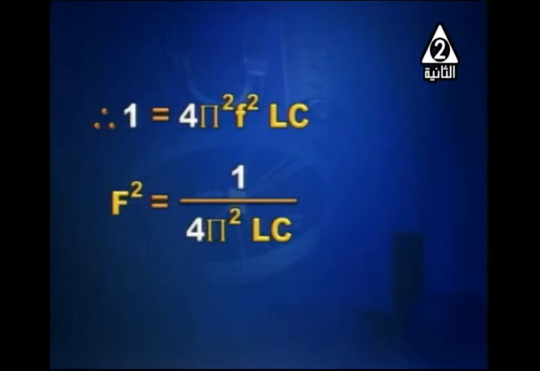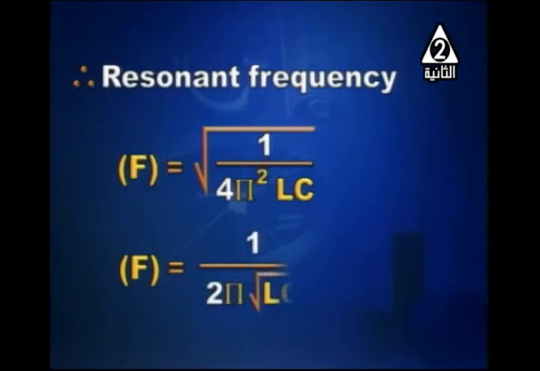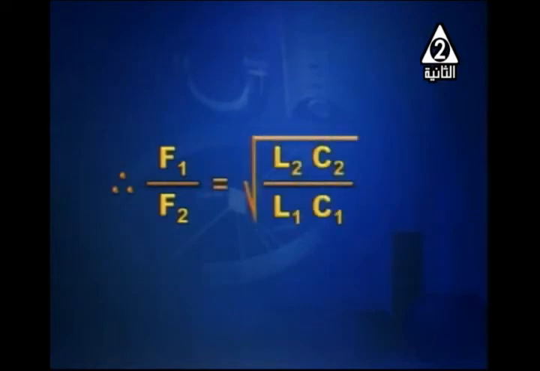In this case, we can obtain the resonant frequency. It is the square root of 1 over 4 pi squared LC. So resonant frequency is 1 over 2 pi times the square root of LC. And we can say, of course, F1 over F2 is equal to the square root of L2 C2 over L1 C1.